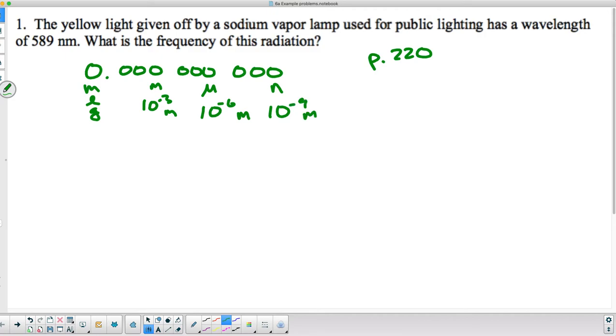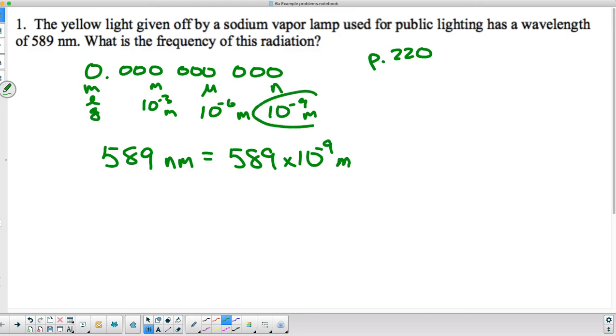So when I first do any of these problems, what I tend to do is change the wavelength from 589 nanometers to 589 times 10 to the negative 9th meters, by simply using this conversion.